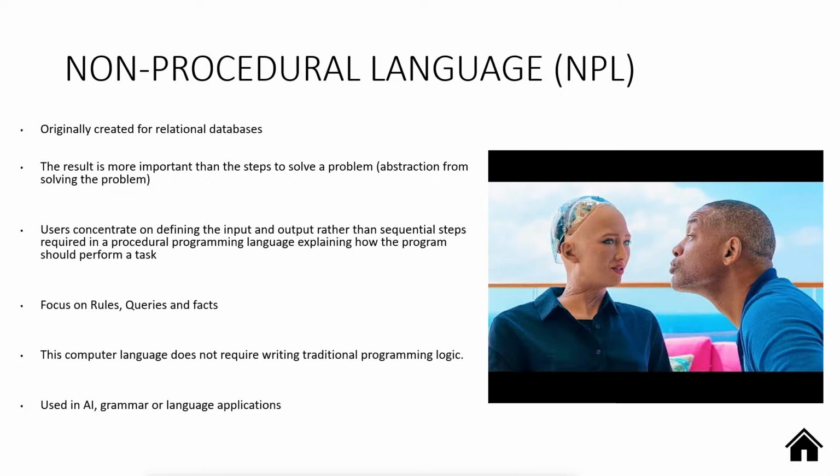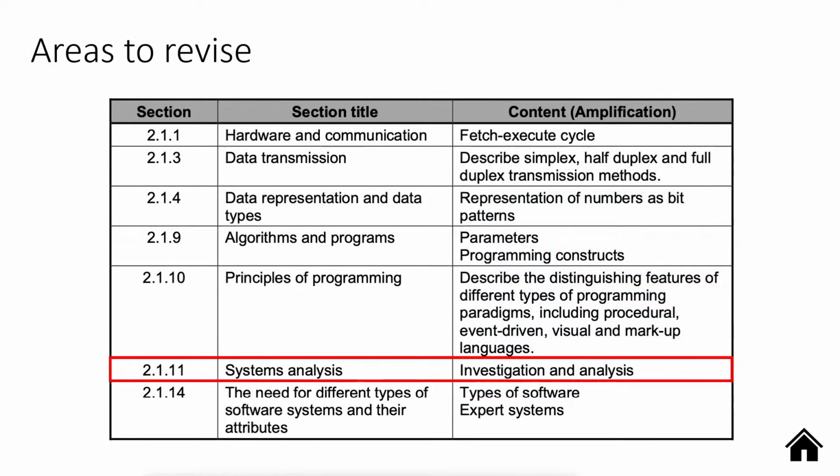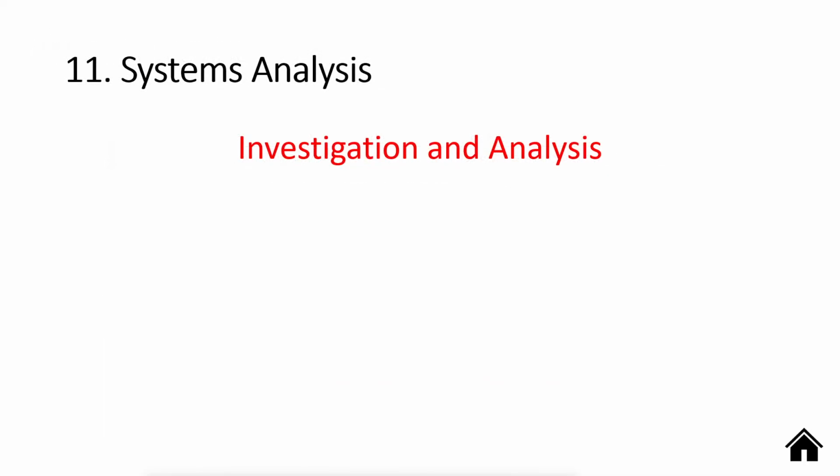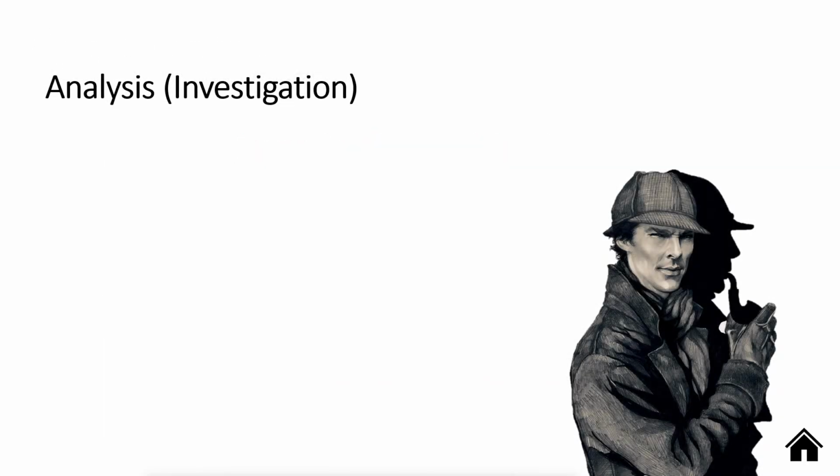Okay, so that ends our principles of programming chapter, and now we look at systems analysis. There are 2 key parts mentioned here: the investigation and the analysis stages. When it boils down to analysis, we're looking at what is going on inside the software development lifecycle.